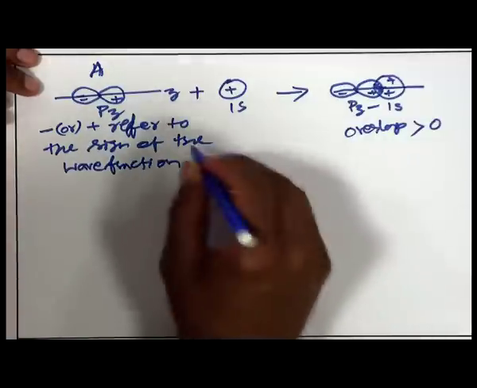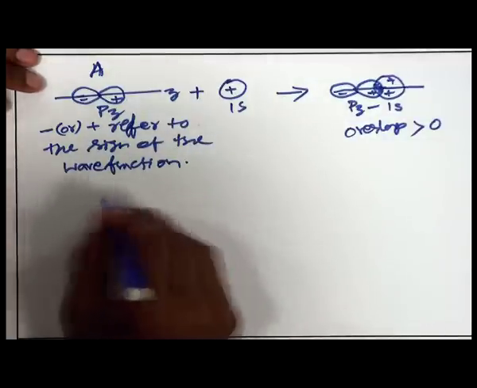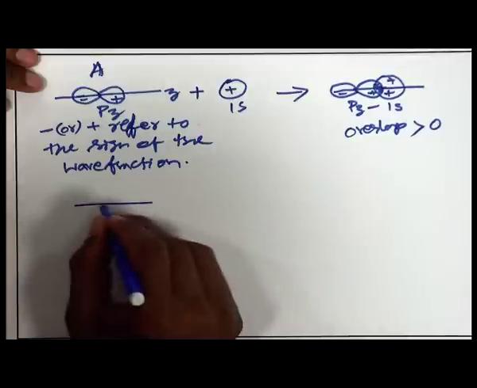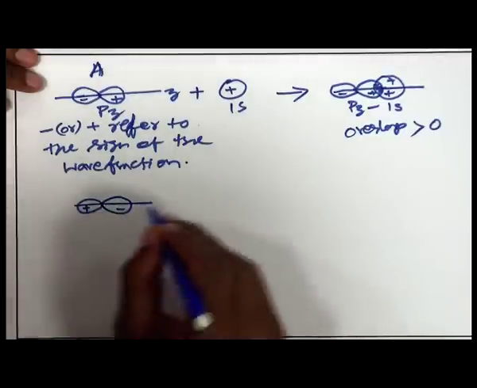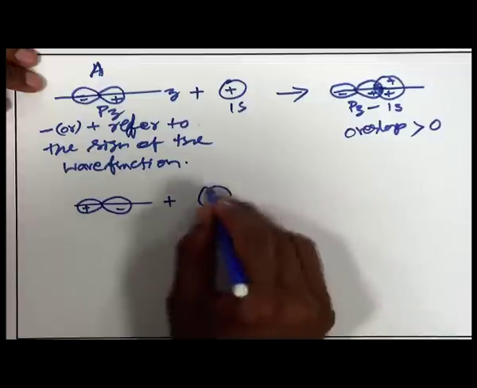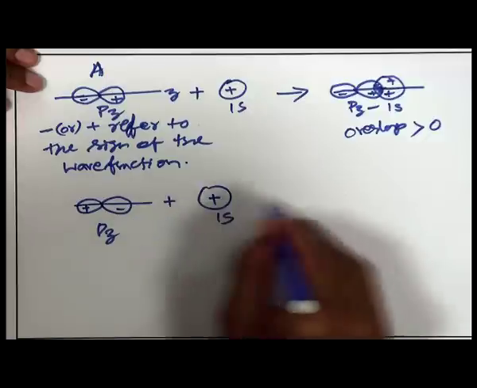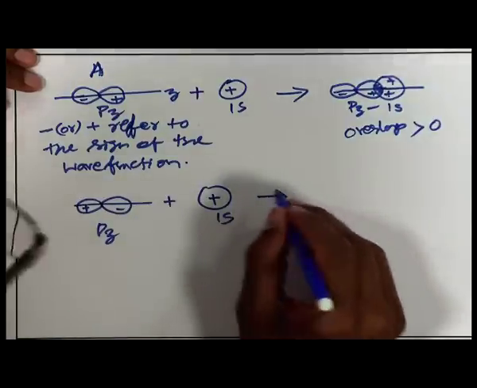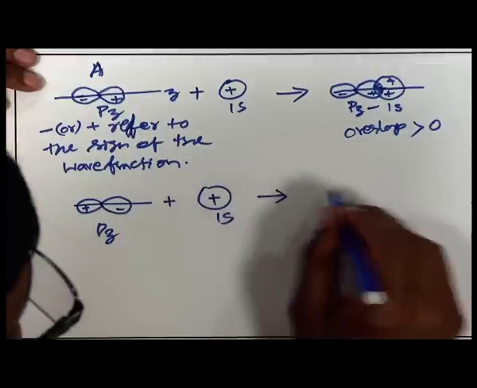Suppose you draw the same one in this way: this is positive, this is negative, and then you have another atom with a 1s orbital, and this is the pz orbital. They approach each other and, when they overlap, what will happen?